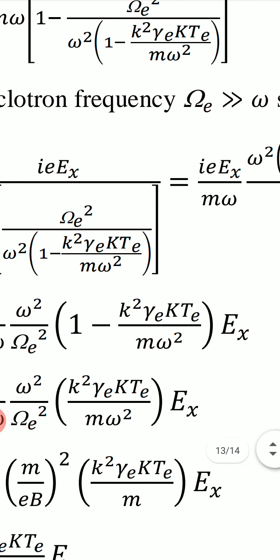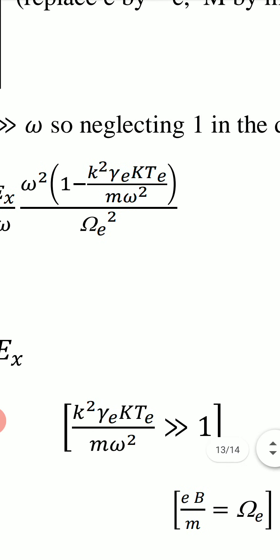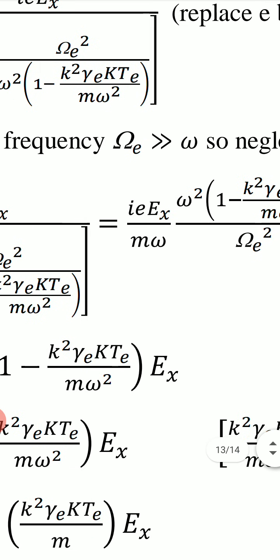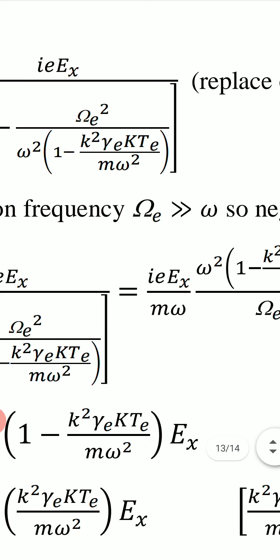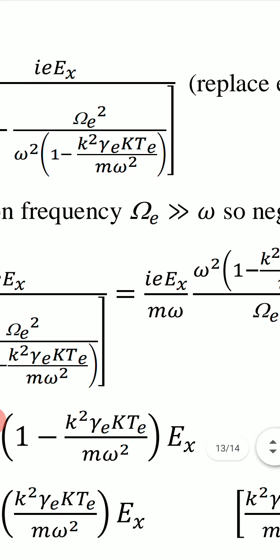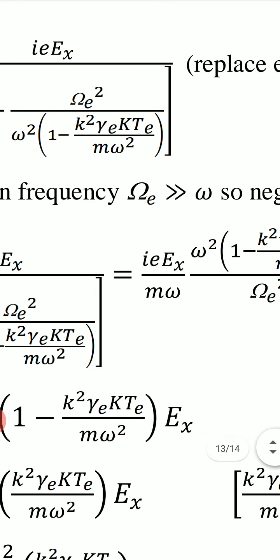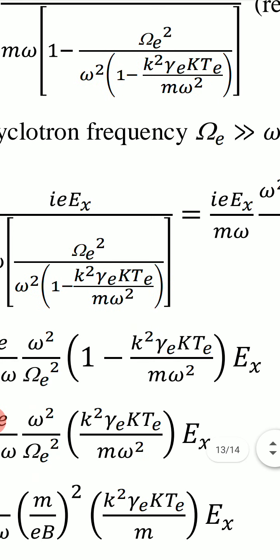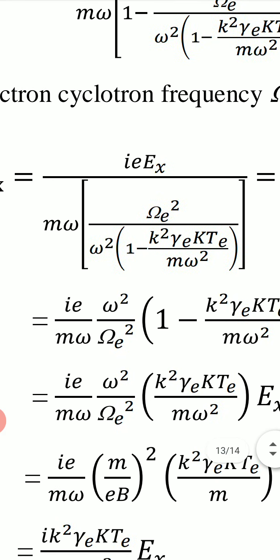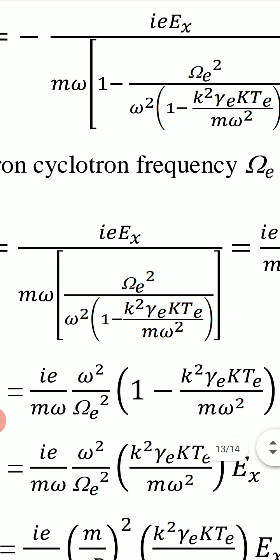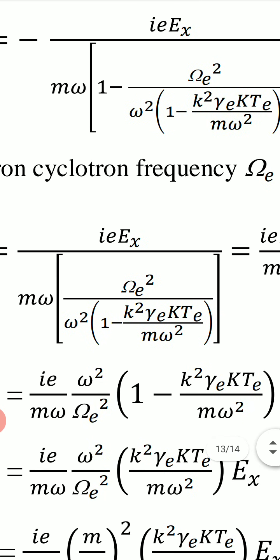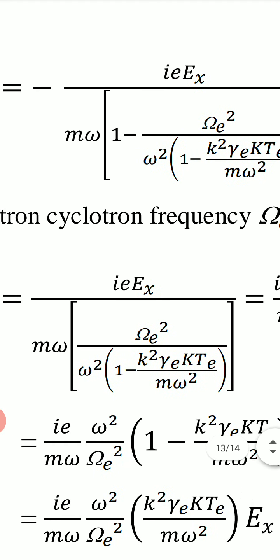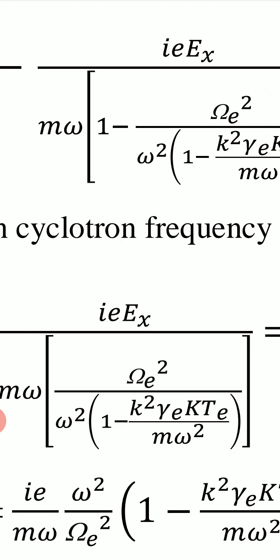The electron cyclotron frequency omega e is much greater than omega, so omega e square upon omega square is a much larger quantity.